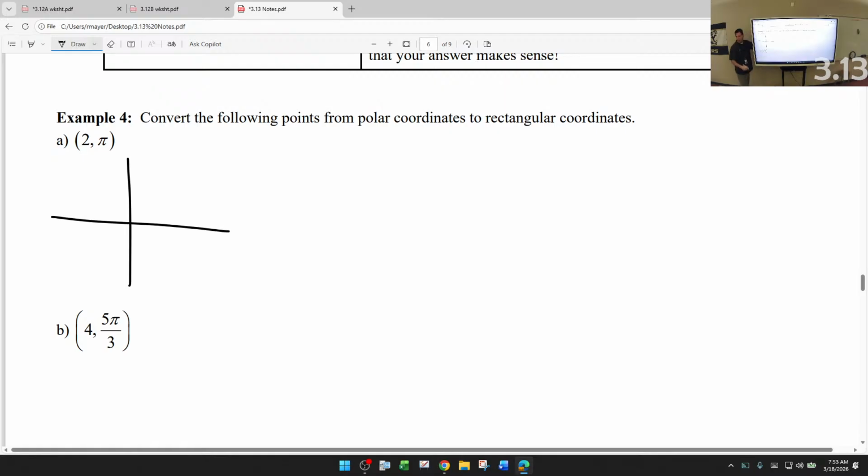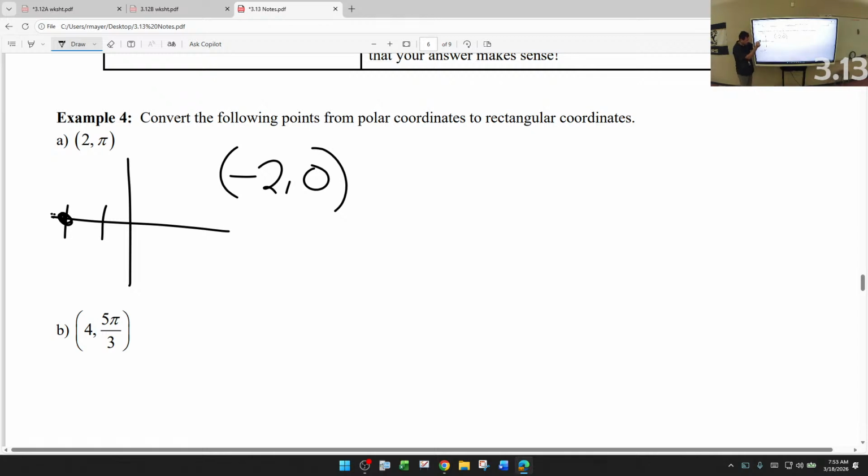2, pi. This one I think is really, really easy. I don't even need to use SOHCAHTOA stuff because pi is over here, and 2 units is right here. And if I'm going to convert that to rectangular, it's -2, 0. I could have told you that.